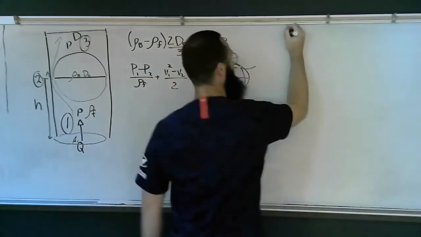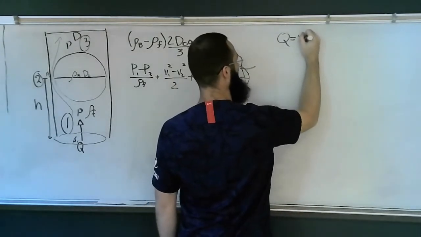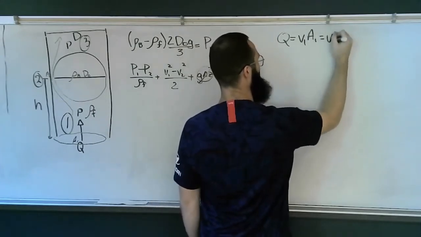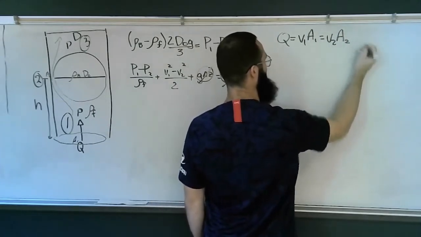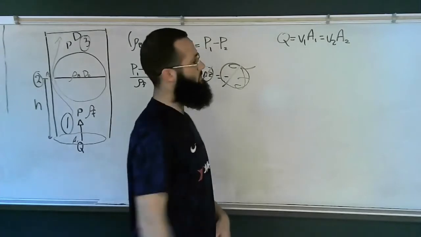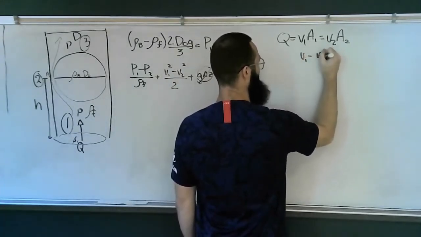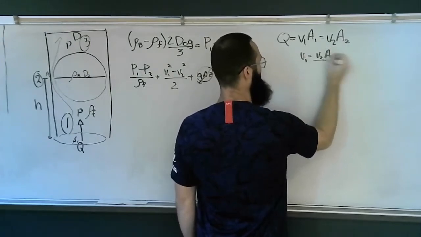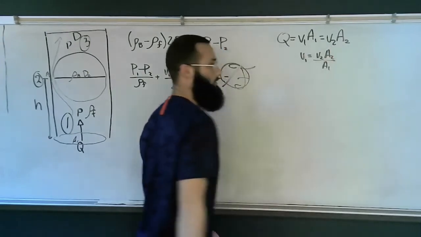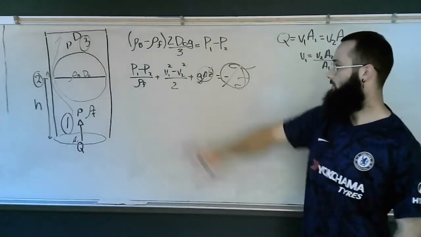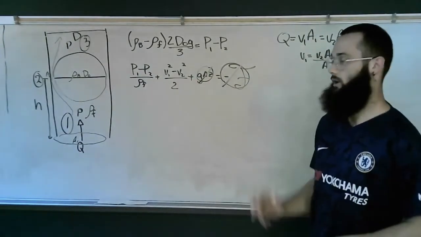We know that the volumetric flow rate is equal to V1 times A1, which is equal to V2 times A2. So let's solve for V1. V1 will equal V2 A2 over A1.